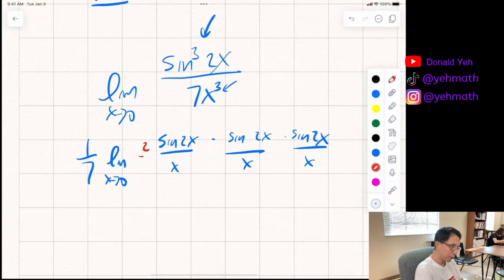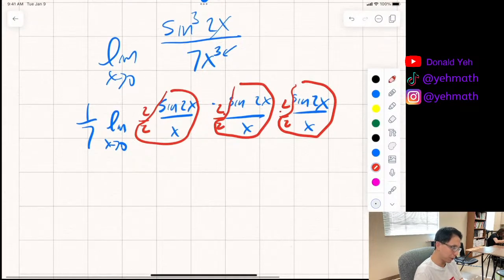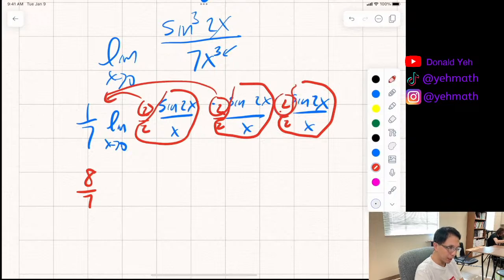So I'm going to multiply 2 over 2 here, multiply 2 over 2 here, and then multiply 2 over 2 here. Now, obviously, this becomes 1, and this becomes 1, and this becomes 1. Now I just have to take out a 2, 2, 2, which is 8 over 7, because this 2 can be outside, this 2 can be outside here, and this 2 will be outside because they are multiplying together.